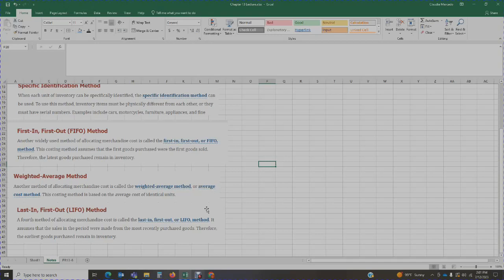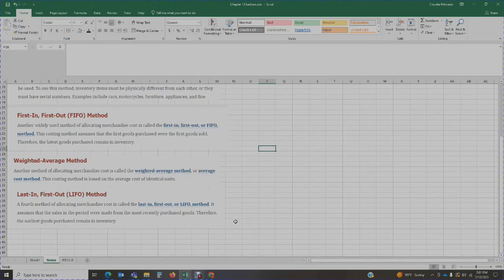They all have to be the same product. You can't mix one item and another item because they're completely different. When you're doing your weighted average method calculations, we have to be based on the same product. Okay, identical units.